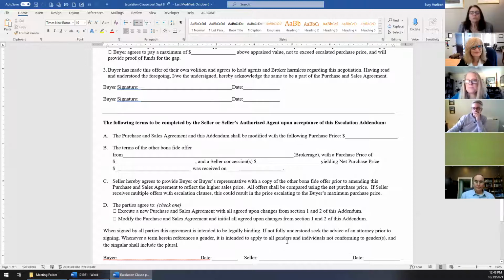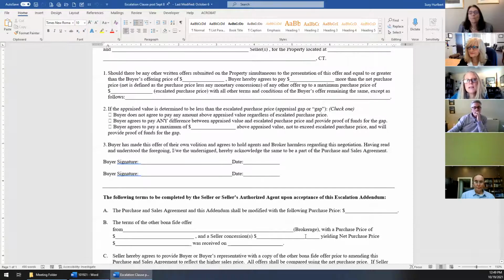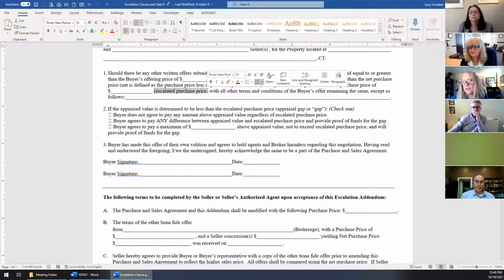So I guess if multiple escalation clause offers were received, you'd have to submit the escalation clause in. Say you had one offer where the escalated purchase price was $100,000, and say they started at 50, just for the sake of having an example.